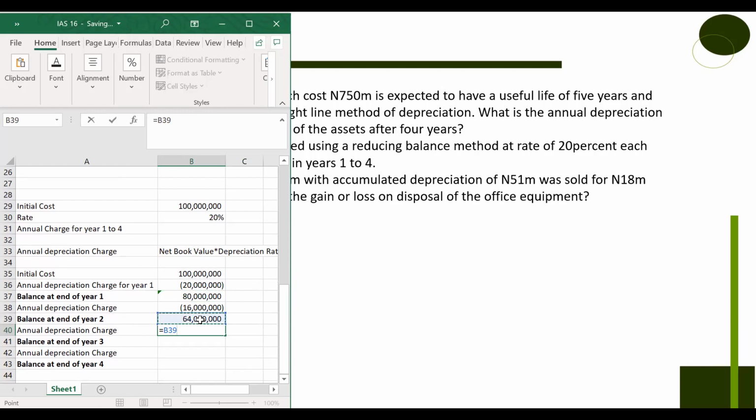How do we calculate annual depreciation charge? 20% times 64 million. Okay, what did you get?